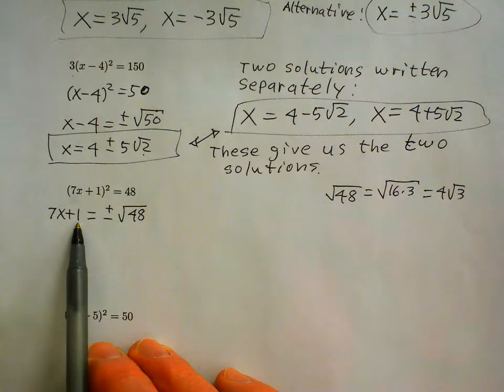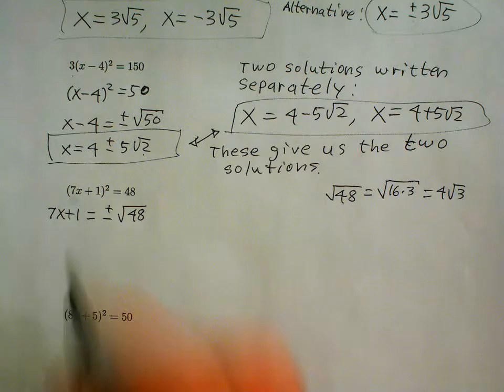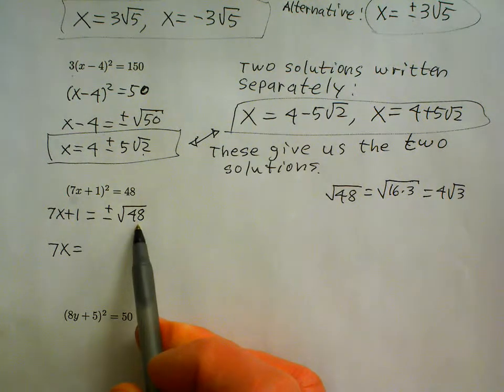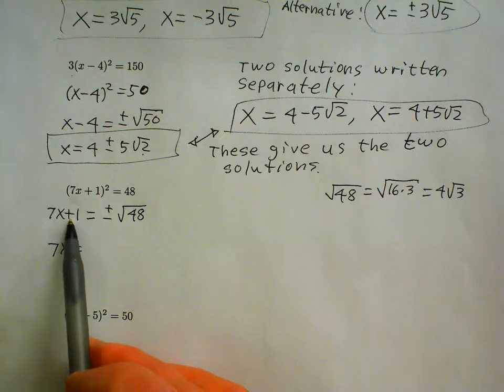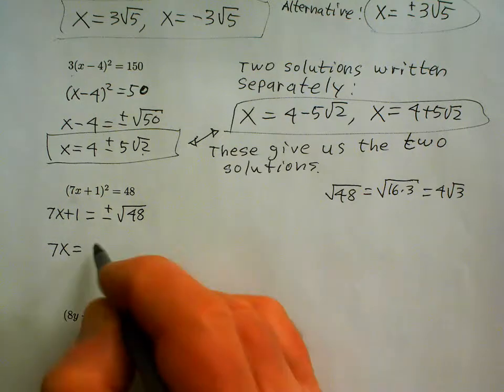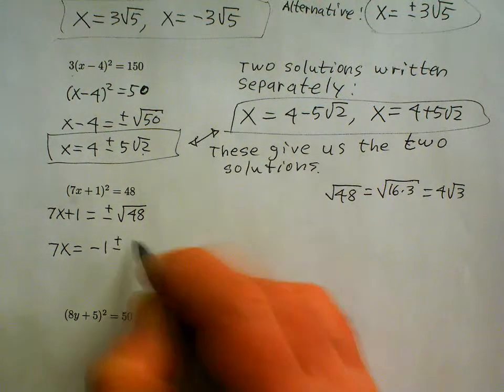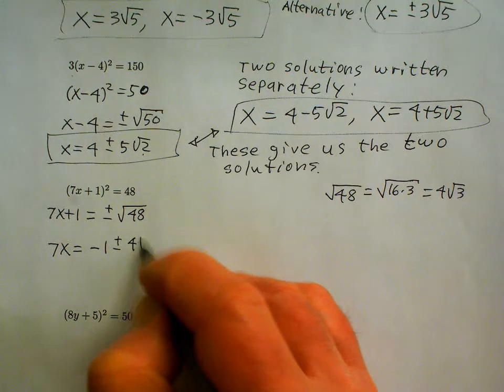So in the next step, we'll subtract 1 from both sides, as well as write the simplified radical. So if we're going to subtract 1, we can write it as negative 1 plus and minus 4 times the square root of 3.